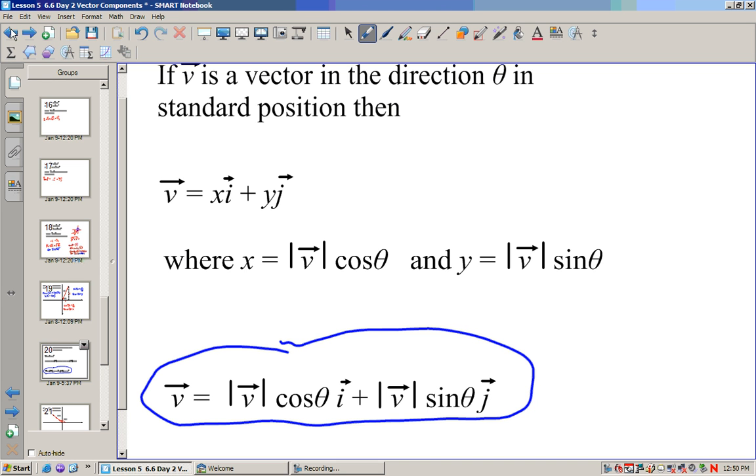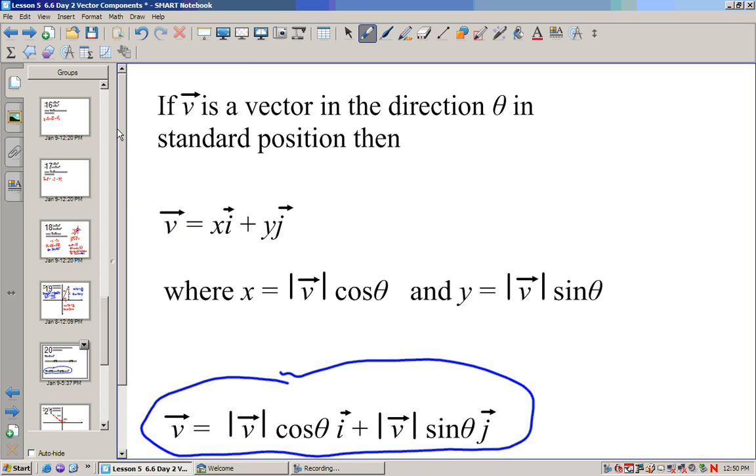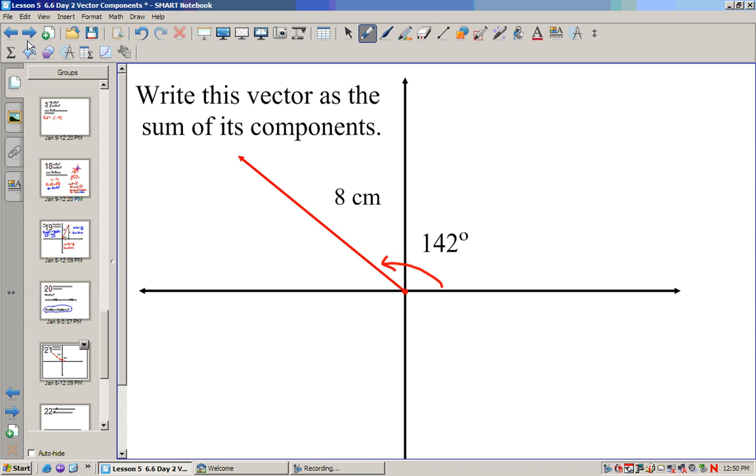So if we look back at how I did this previous problem, it's the same thing. That will give us our components. So this is the formula that we need to have. Alright, that makes problems much easier.